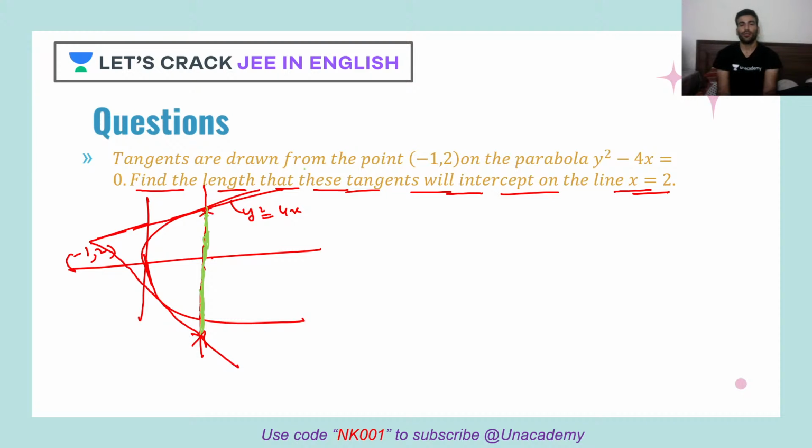Before starting to solve it, I thought someone wants me to find the intersection points, because whenever we need to find the length of an intercept, we find the intersection points and then use the distance formula to get the intercept's length. So that's where it struck my mind.